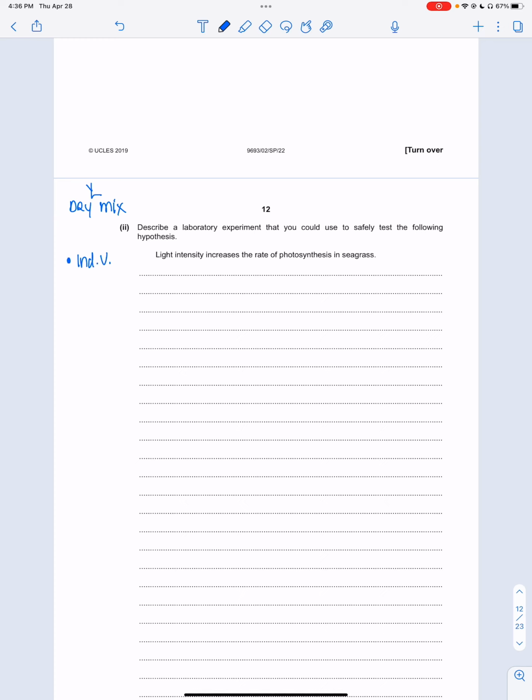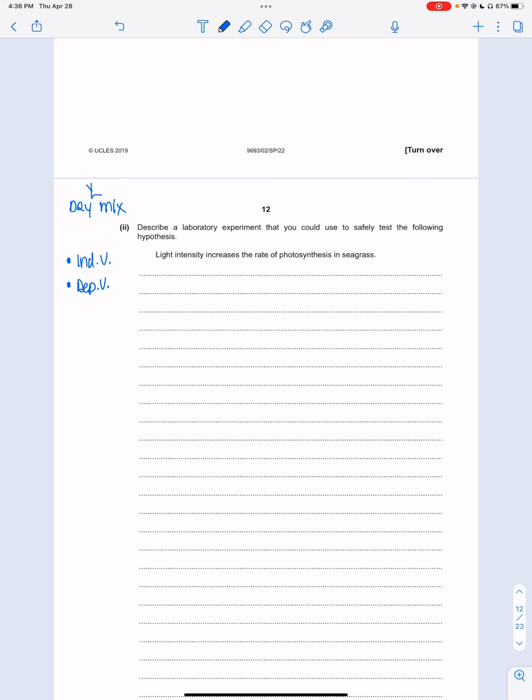The independent variable, how we're going to measure it. So one of the things you're going to get through photosynthesis is oxygen. And so in this situation, we're going to measure oxygen bubbles. Within the independent variable, there'll be other little details we mention too.